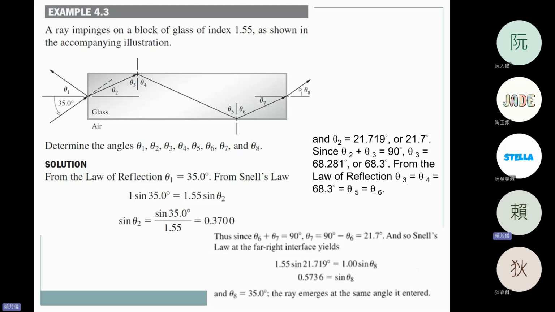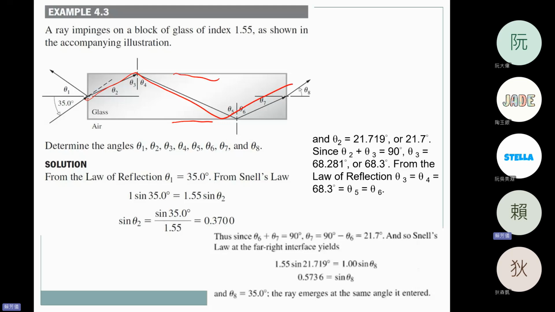Because the ray can continue to travel in the optical fiber or in such a parallel block, such as this. So here uses a very simple concept.